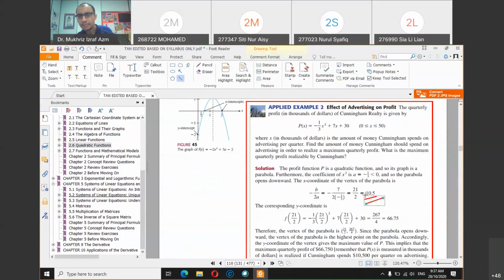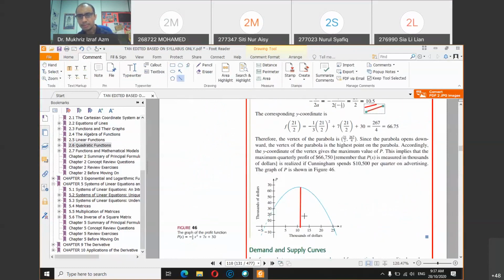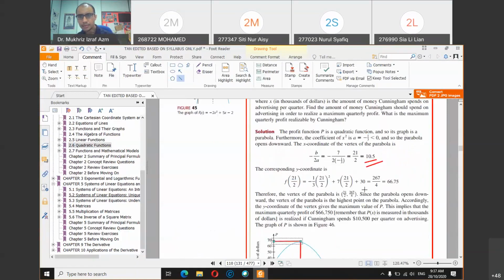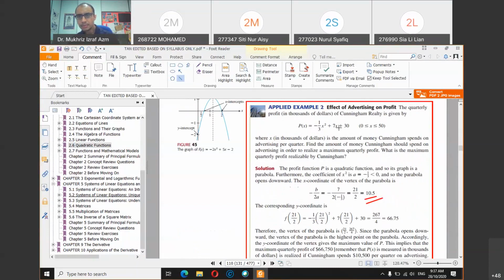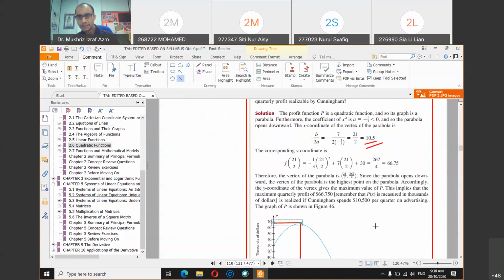So 10.5 is this point here, and at 10.5, you can find the value of the profit. You need to substitute into the function. You replace the x value with 10.5, and you should get 66.75 here.